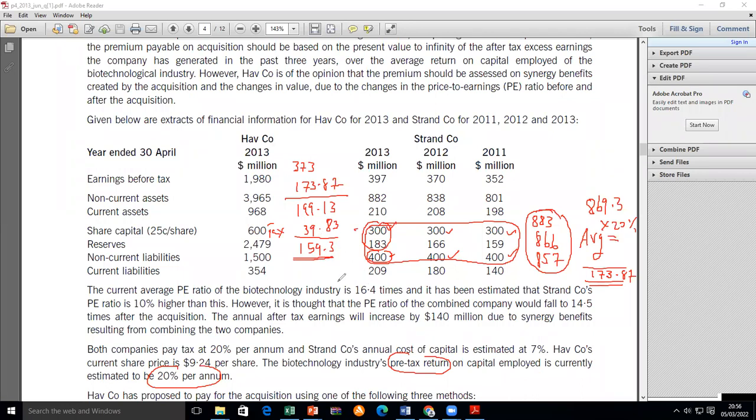The present value of this figure to infinity. How do you get the present value of a perpetuity? You simply divide this figure by the cost of capital.